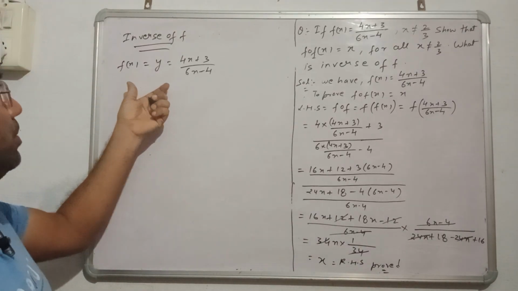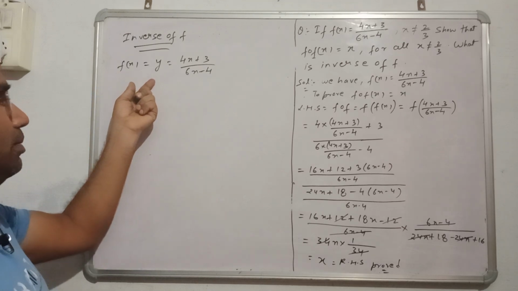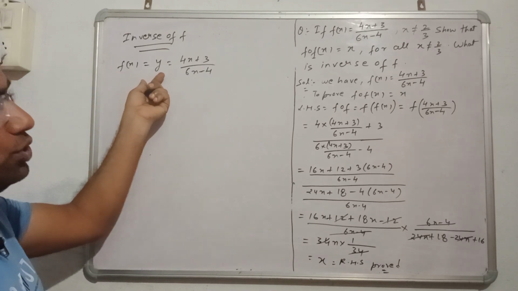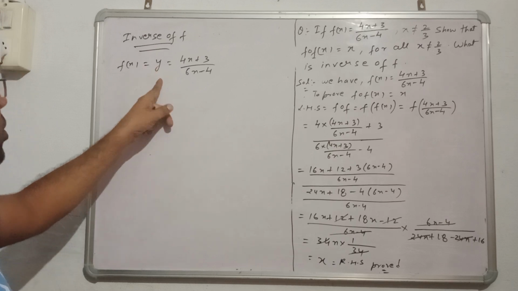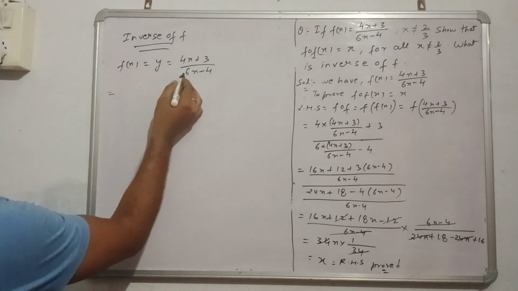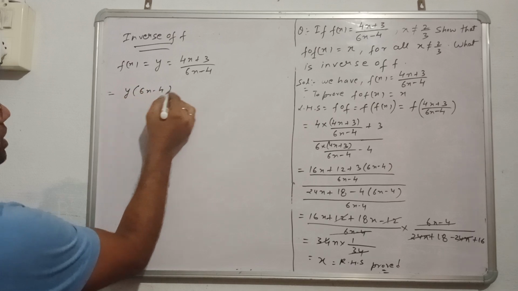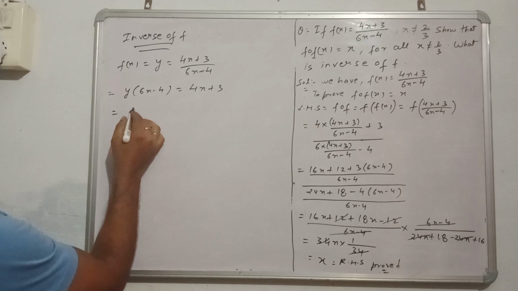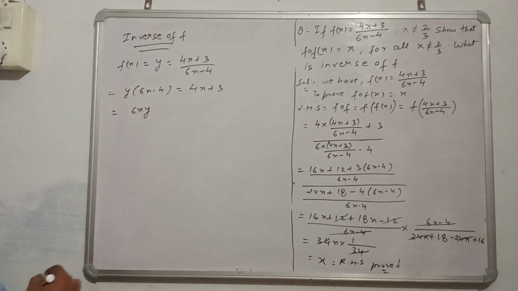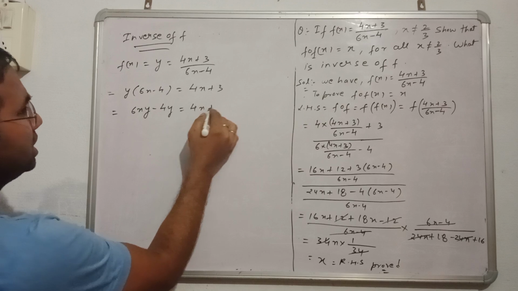So for that purpose you will take the given function as another variable. Suppose you are taking y, you can take z also, you can take any variable, a also, b also, anything. Okay, so here what will come? This will get cross multiplied, 6x minus 4 will come, and here 4x plus 3 will come. Now y gets multiplied, 6xy will come, minus 4y will come, 4x plus 3 will come.